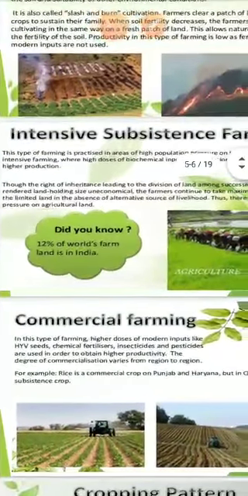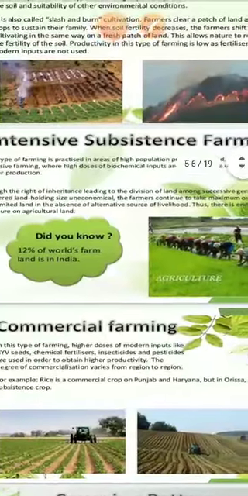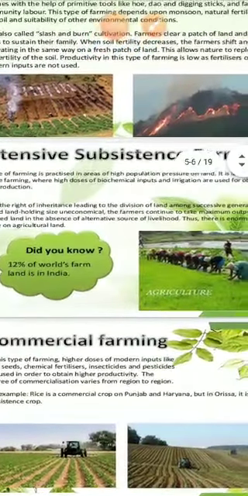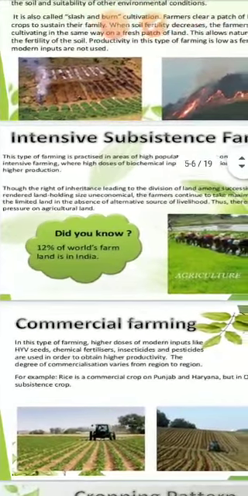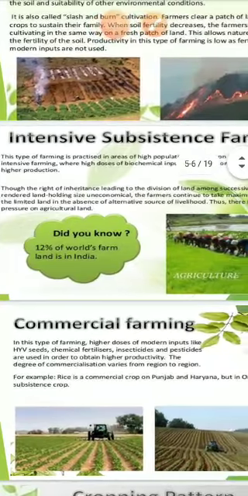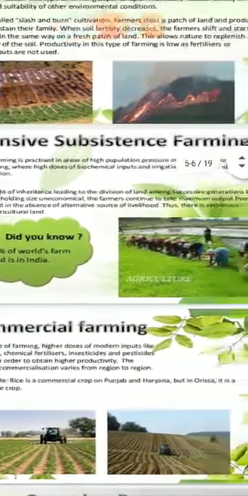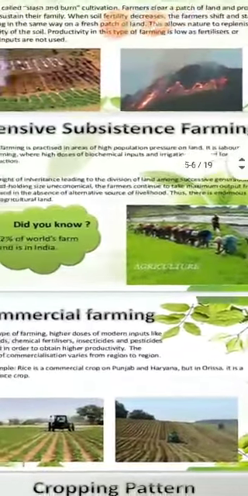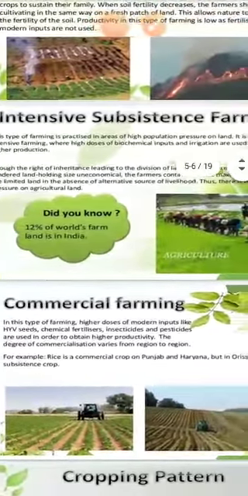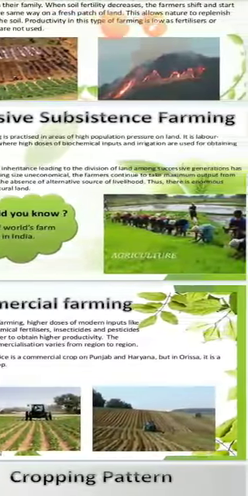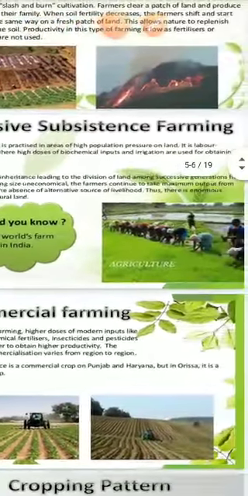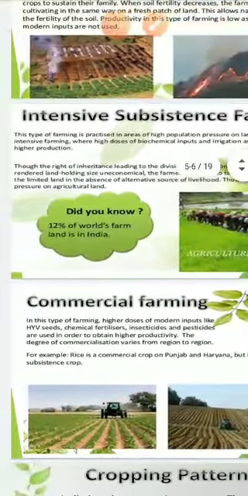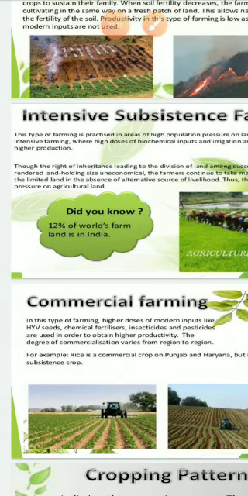Though the right of inheritance, leading to the division of land among successive generations, has rendered landholding size uneconomical, the farmers continue to take maximum output from the limited land in the absence of an alternative source of livelihood. Thus, there is enormous pressure on agricultural land. 12% of the world's farmland is in India.